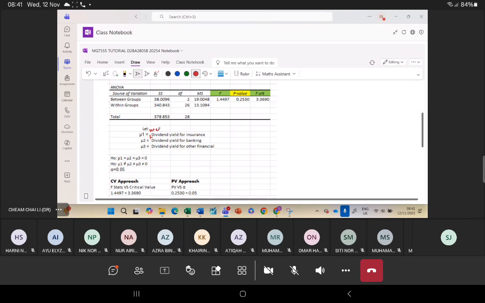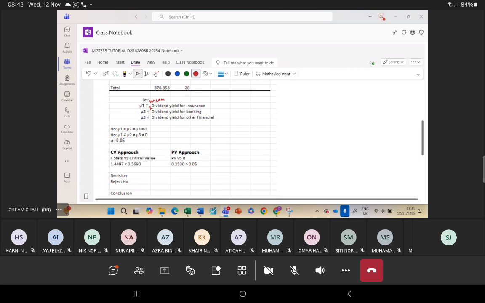So you kena tulis di sini mean dividend yield for insurance sector, mean dividend yield for banking for mu2, and then mu3 is the mean dividend yield for the other financial subsector. So semua ni kena tambah mean, ya. And you have this, okay. Critical value approach.